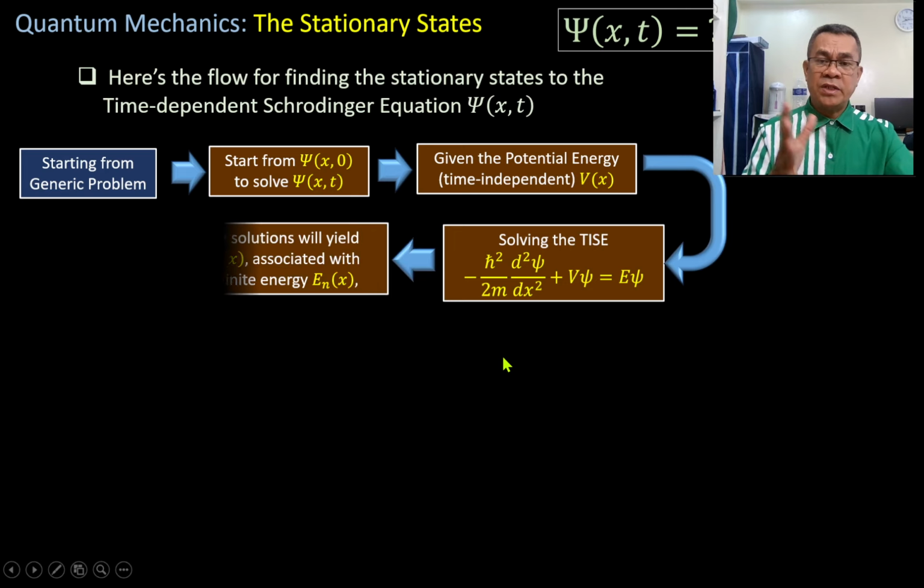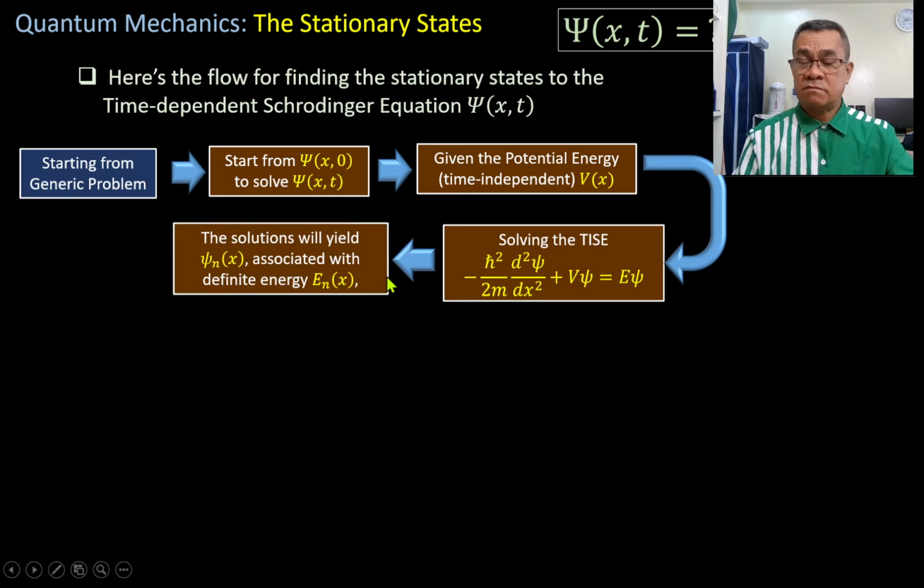Okay? Now, if we solve that, it can be in the form of multiple psi, meaning it is not only one value. It can be two or more. For every psi that you calculated, there is a corresponding energy. We call this an eigenfunction, and this is the eigenvalue energy.